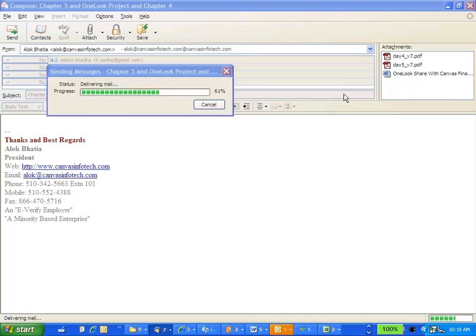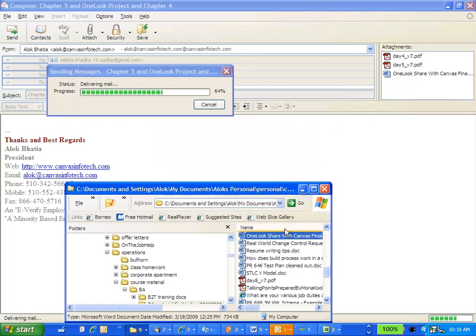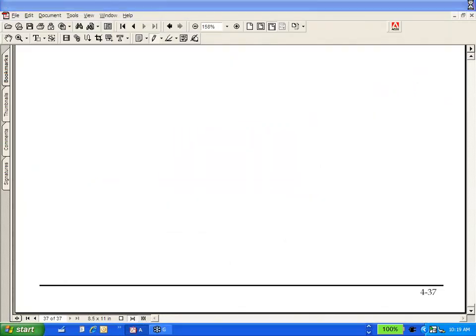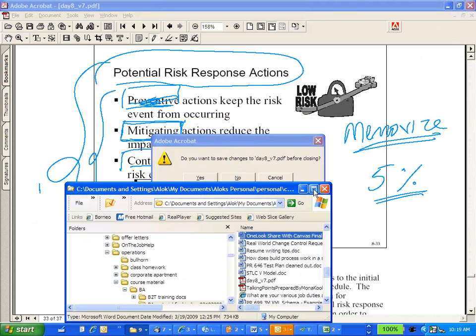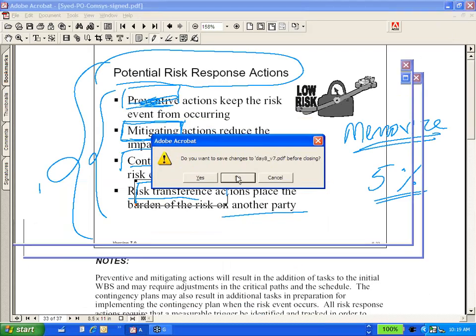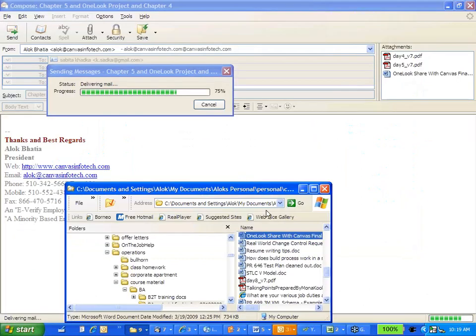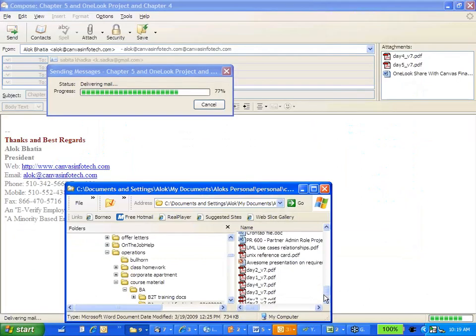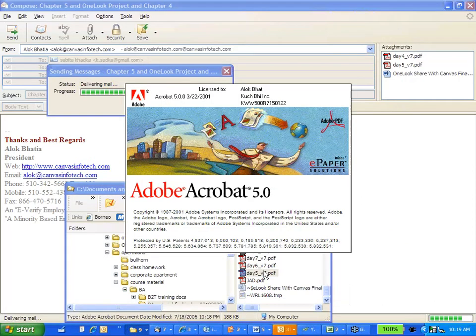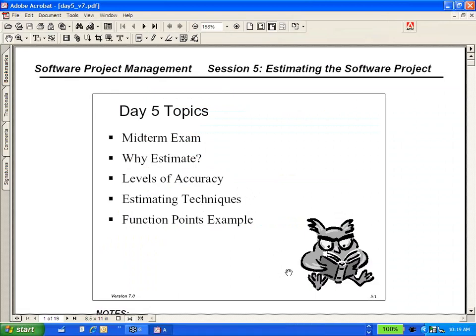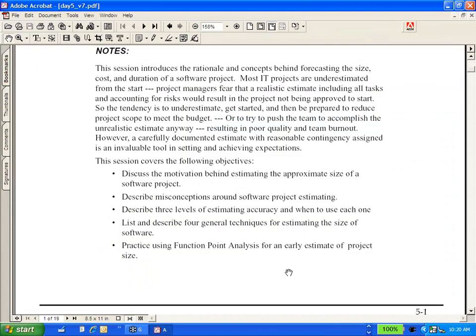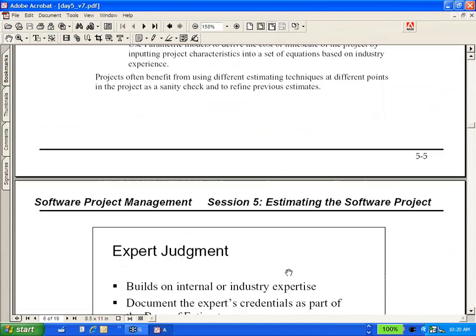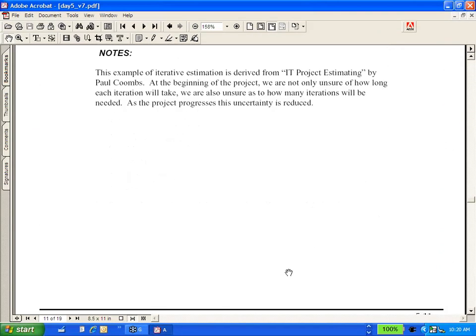Let's break them up. Okay, guys, chapter 5. Chapter 5 is all about how to estimate the effort required for a software project.